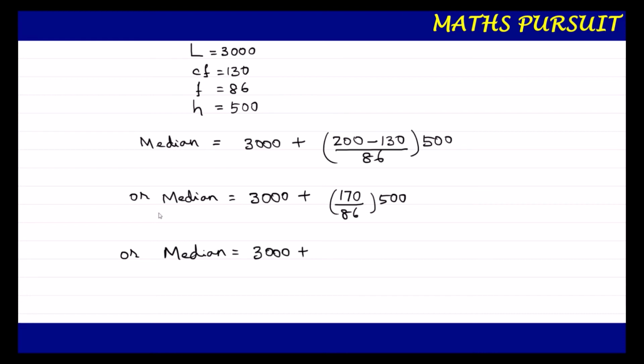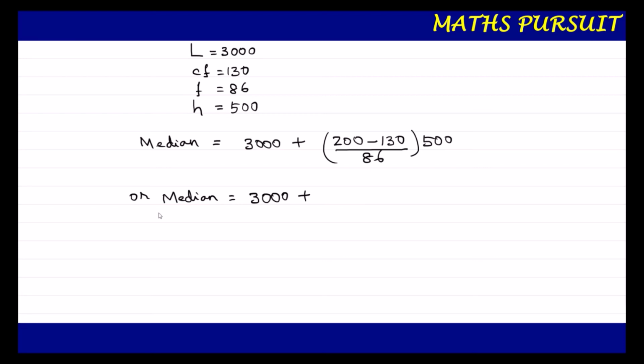Sorry guys, 200 minus 130 is 70, not 170. 200 minus 130 is 70.